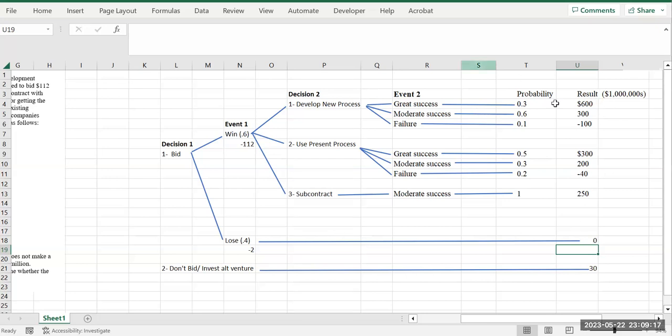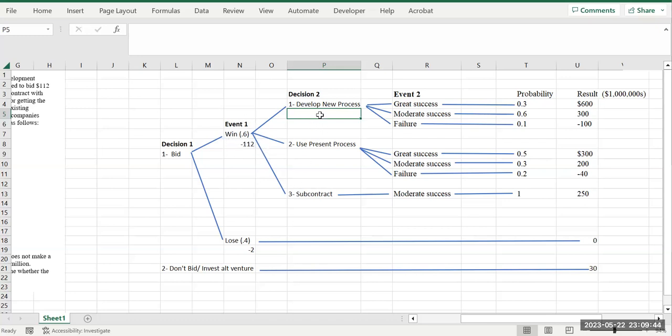So this is the decision tree. Whenever it comes to decision making, the decision maker can pick any of these branches, so we need to find the expected return under each one of these branches and then pick the one that gives us the maximum.